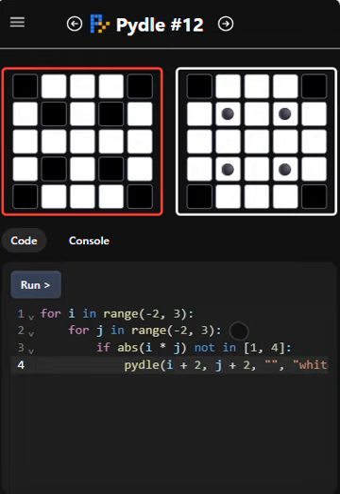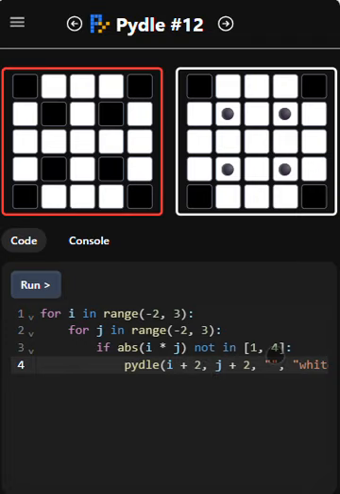On previous days, we did 2 minus i because the y-axis in Pydle coordinates is inverted. It doesn't matter because today's puzzle is actually symmetrical. So we can just do i plus 2 instead of doing 2 minus i.